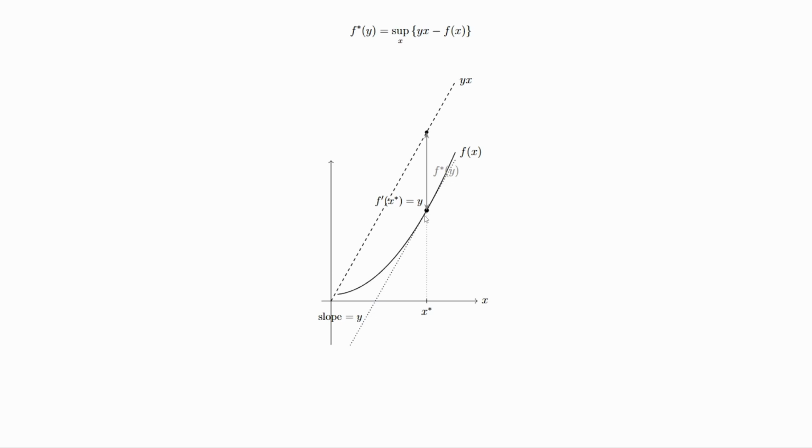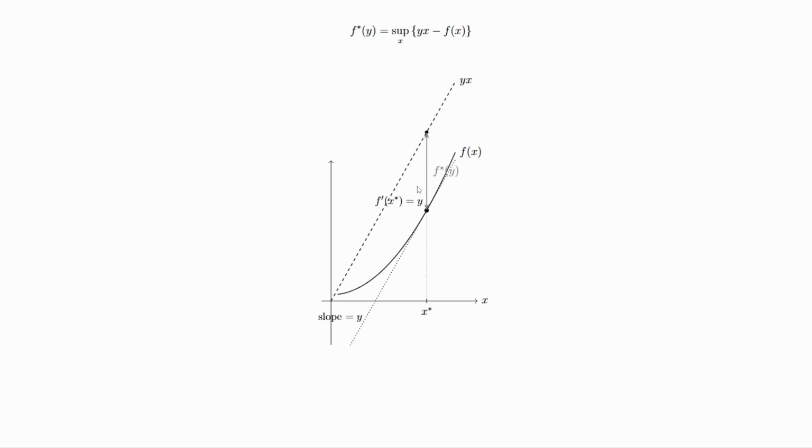That is when f prime of x equals y. So f star is secretly encoding information about tangent lines of f. To see why this is true, take the gap function. Let's define g of x as y x minus f of x. Take the derivative, set it equal to 0, and you see that f prime of x is equal to y. That's when the gap function is maximized.